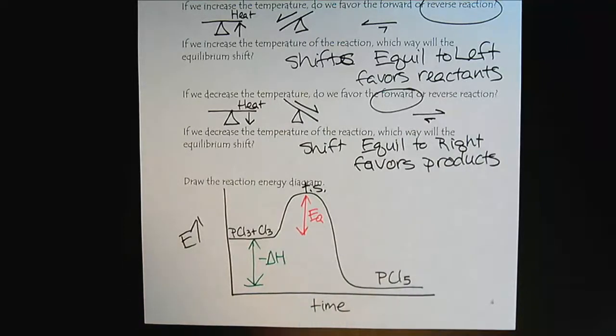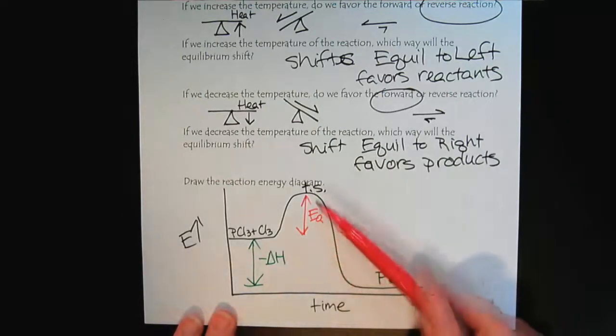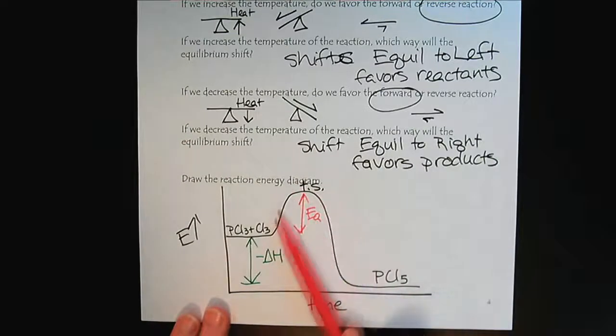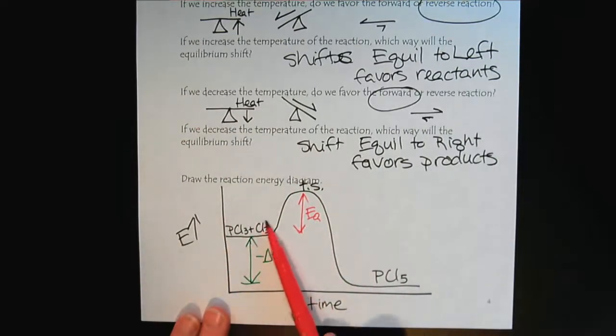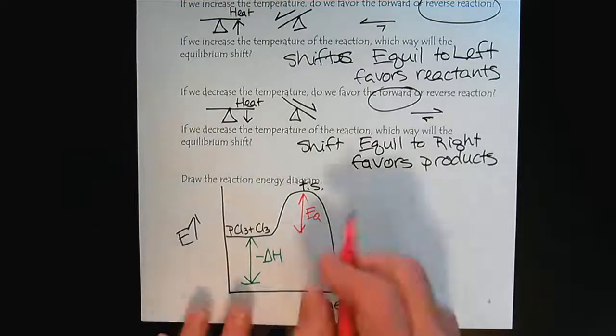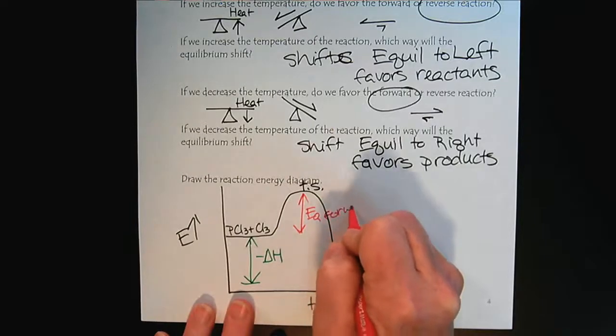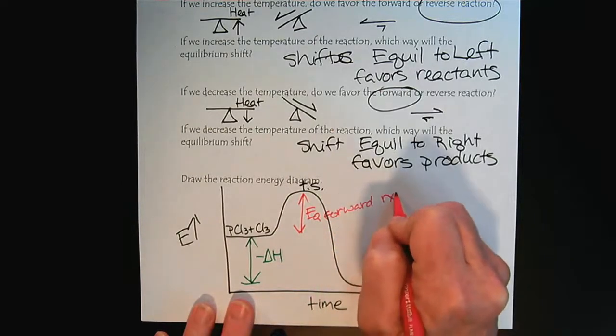So as we add heat, we have more energy to go in the reverse reaction to favor the reactants. And if we lower the temperature, this is a good thing to point out. So this is the E sub A for the forward reaction.